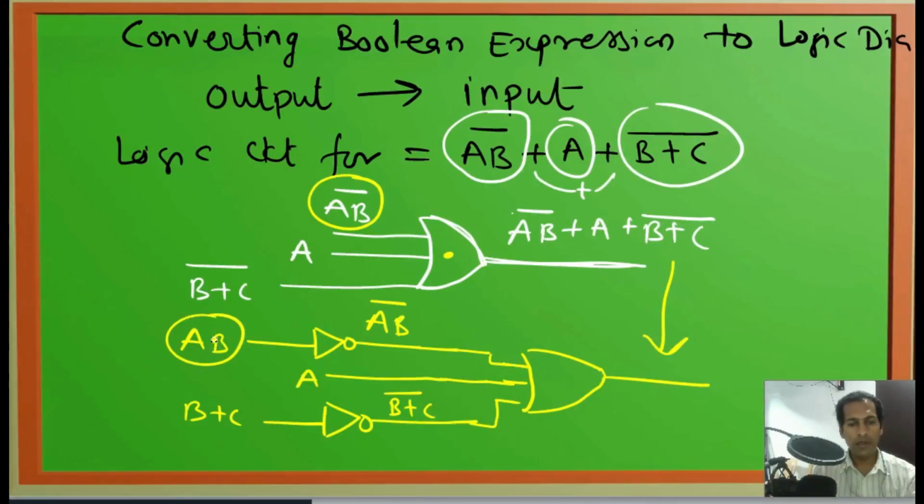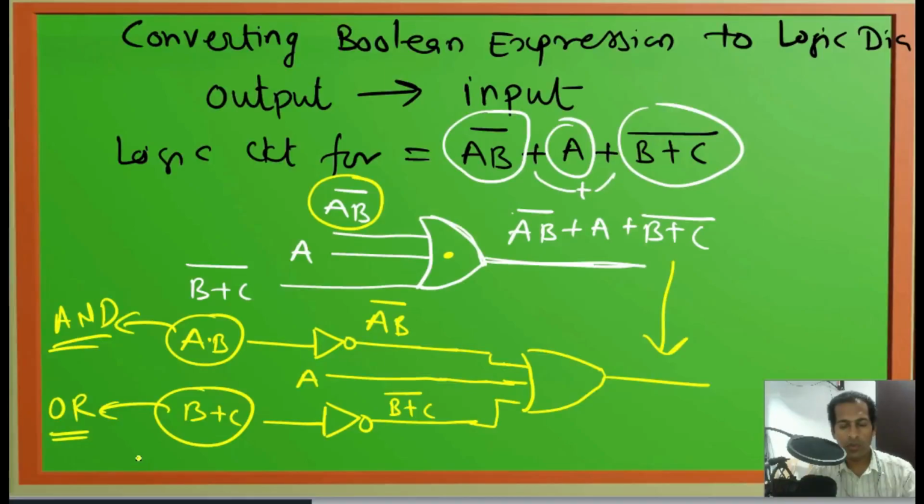Now this AB is coming from some AND gate because it is multiplication, and this B plus C is coming from some OR gate. So we have to connect one AND gate and one OR gate. Let us redraw it. If we give A and B to the AND gate, the output is AB.